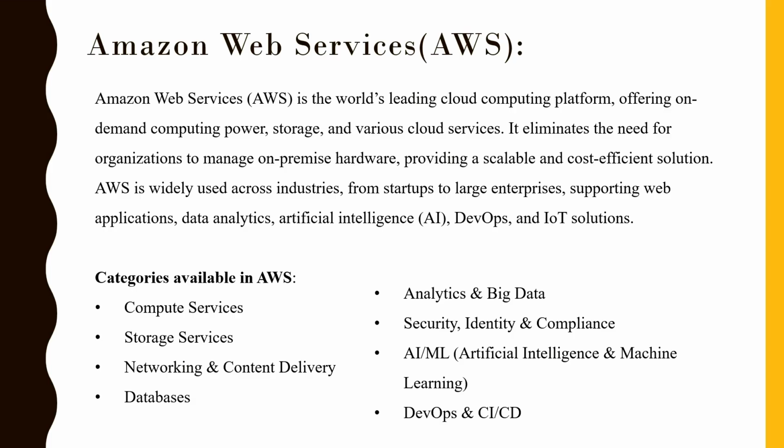Coming to the next category, DevOps, we have services like AWS CodePipeline and AWS CodeCommit, which help any developer or DevOps engineer implement continuous deployment on AWS. So these are a few of the categories that are available in AWS.